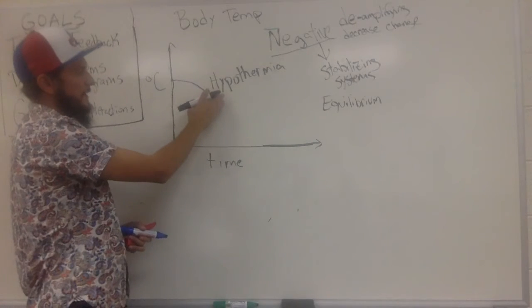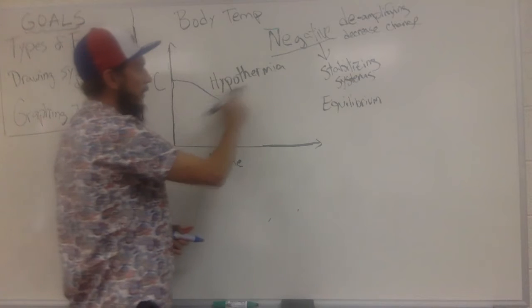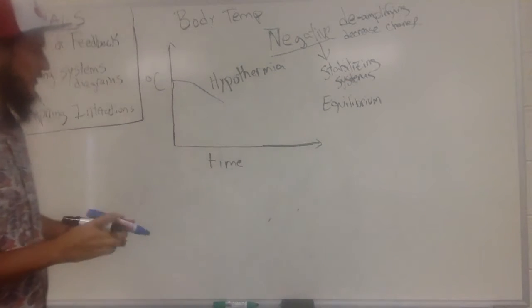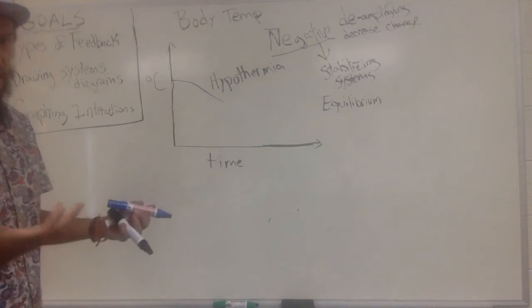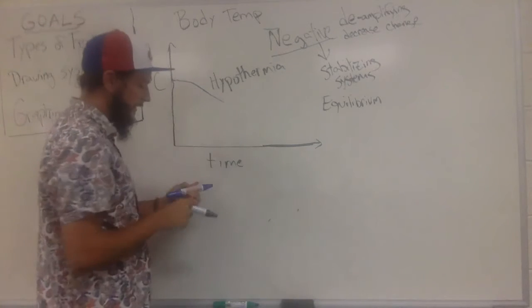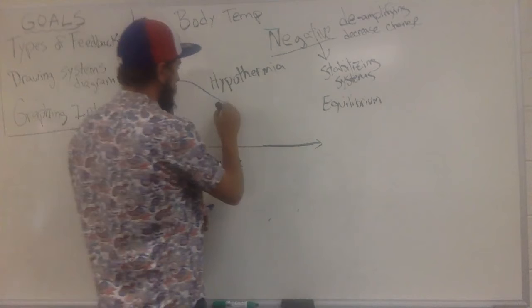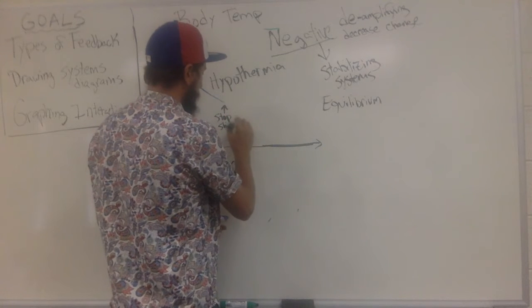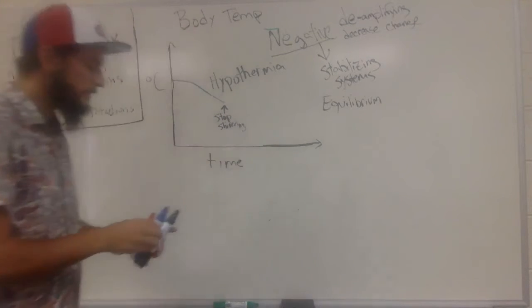Hypo would be the opposite. So in this case, hypo, really low thermia, temperature, low temperature. Your body is getting so cold that you're actually starting to shut down. So shivering hasn't worked at this point, and maybe you actually are going to stop shivering, which is a bad sign. You just lost that negative feedback loop.